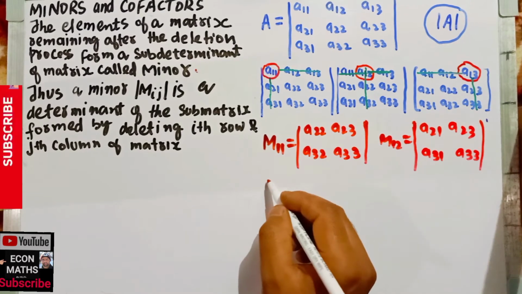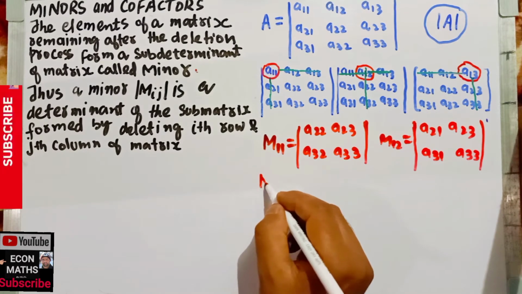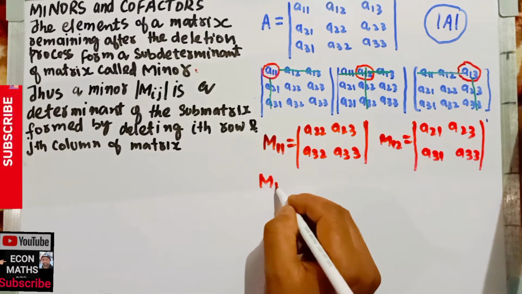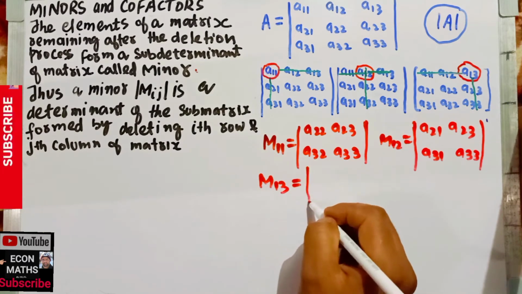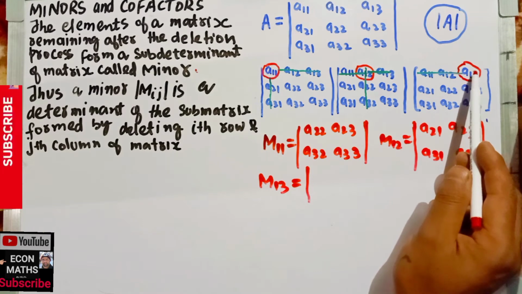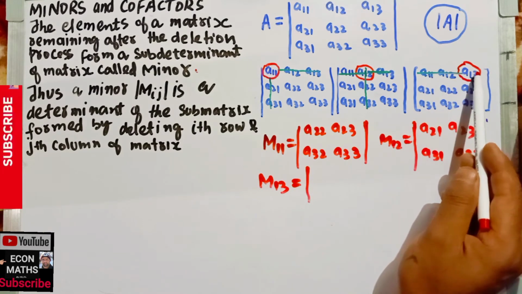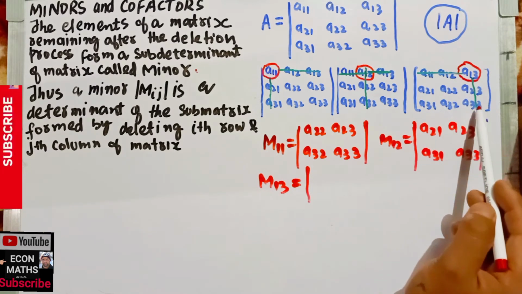Similarly, the third minor is M13, deleting the first row and the third column.